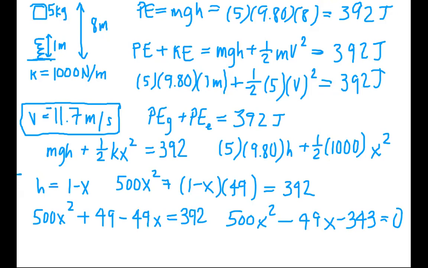So if we do that, we end up with x equals 0.879. And that would be our compression of the spring, which is what we're solving for in this part of the problem. Okay. So if x is equal to 0.879, how high would the box be off of the ground?